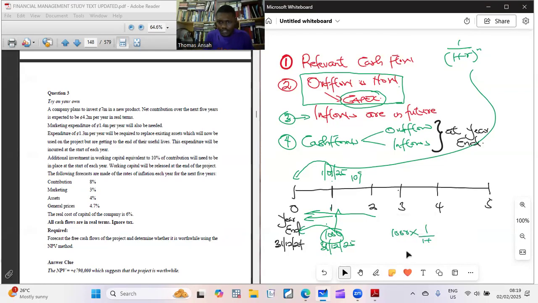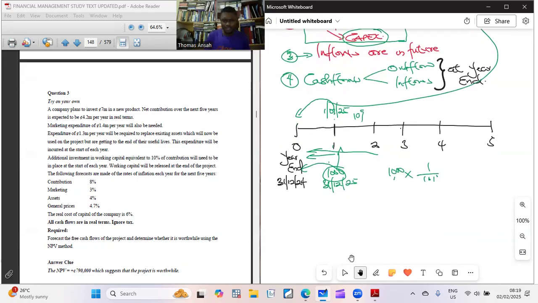I can get it as 1 plus R, in, let's say, 0.1 raised to the power 1. Then I'll multiply it by my 1,000. So you could see that it is 1 year apart. So ladies and gentlemen, if you are solving a question, it is assumed that all the cash flows are at the year end.